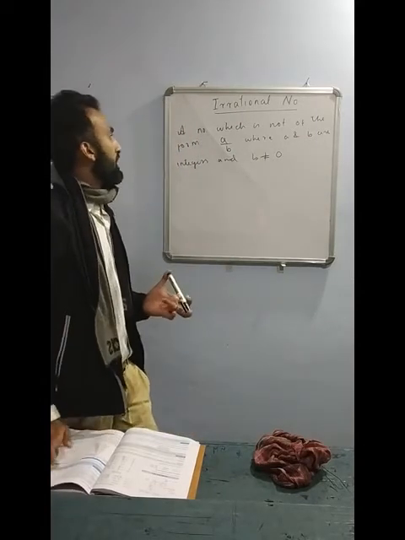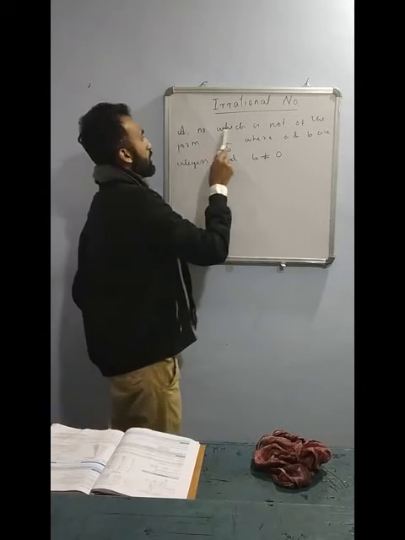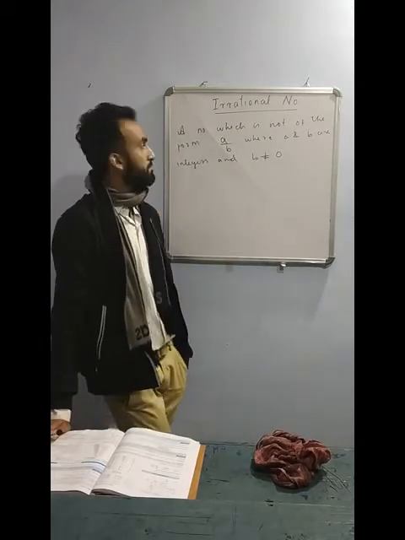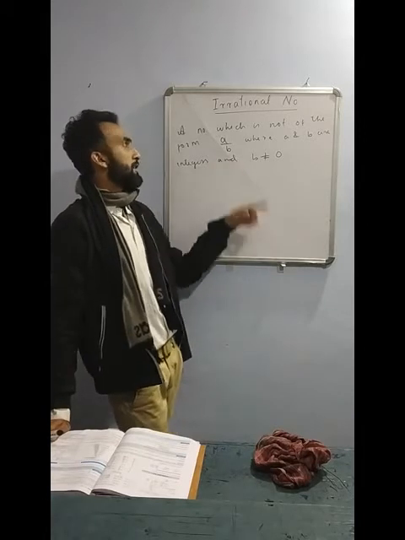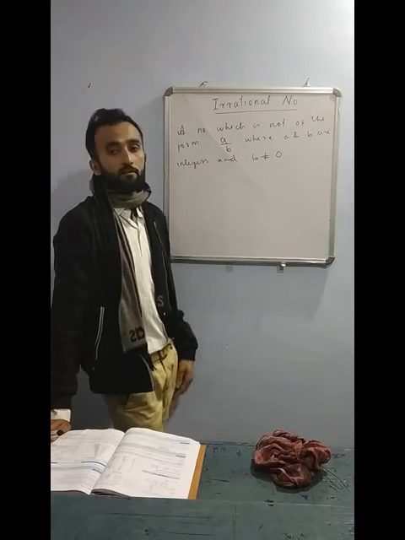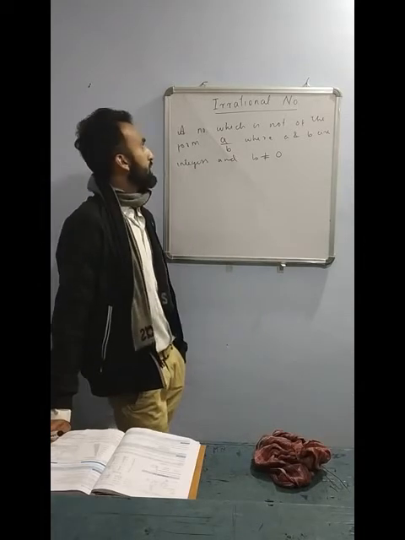It cannot be of the form a by b. If it is of the form a by b, it becomes rational. So what is irrational? Which is not of the form a by b.